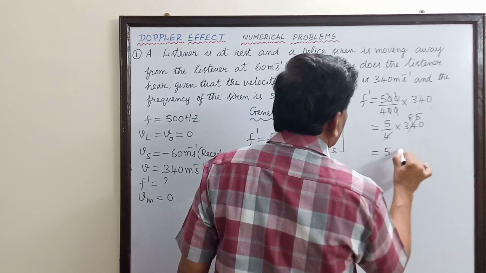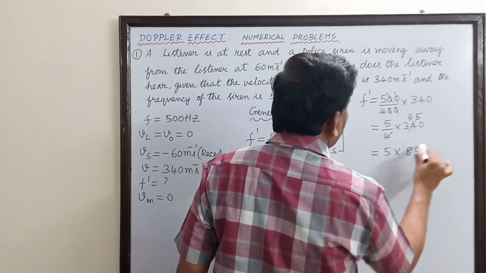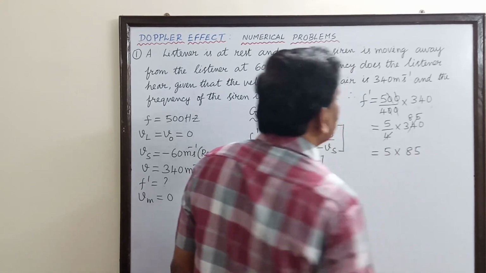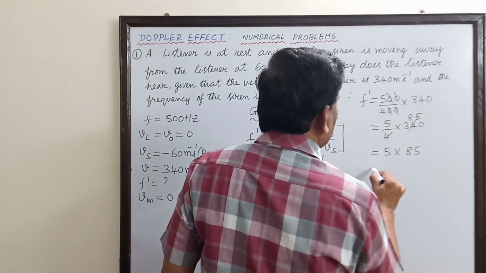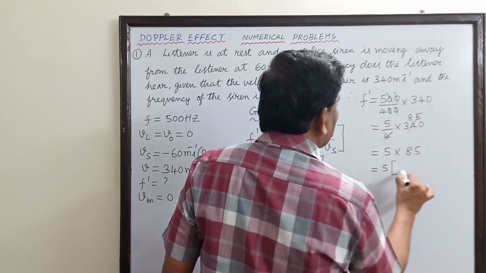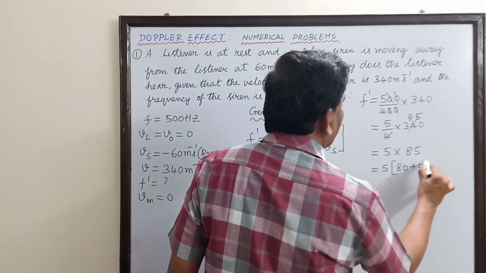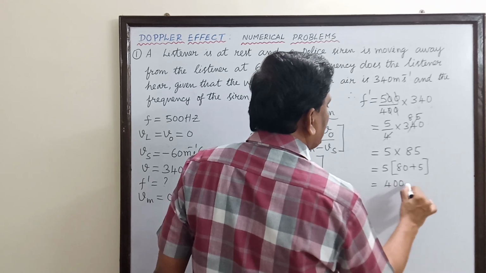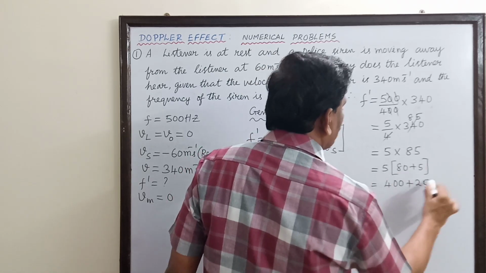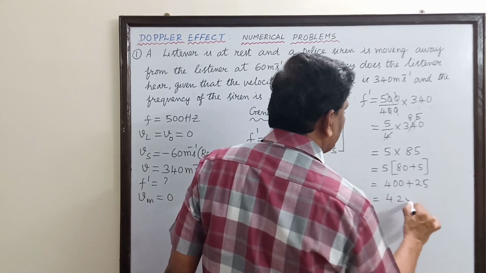So this is 5 into 85, which is 400 plus 25, so that this is 425.